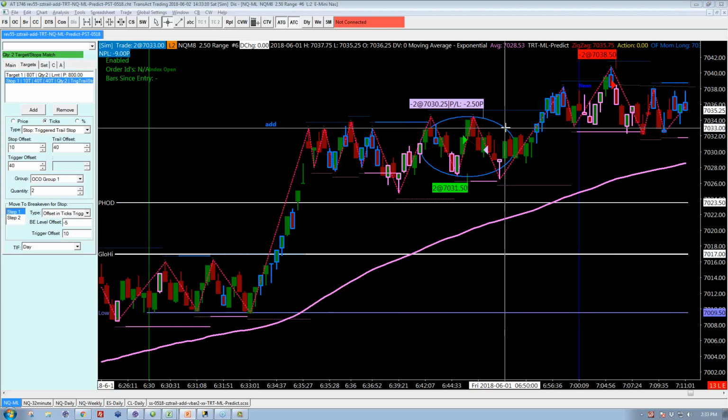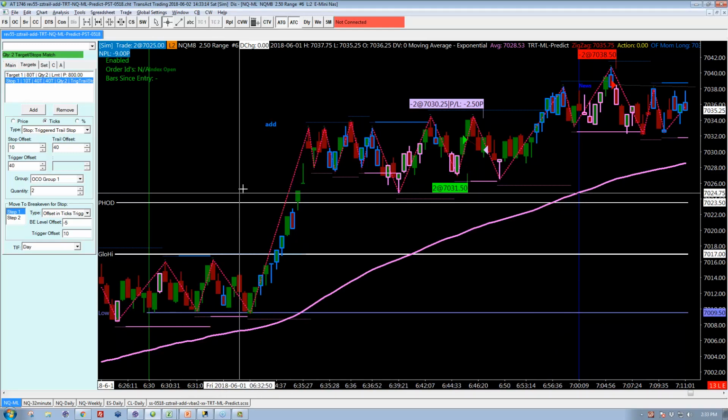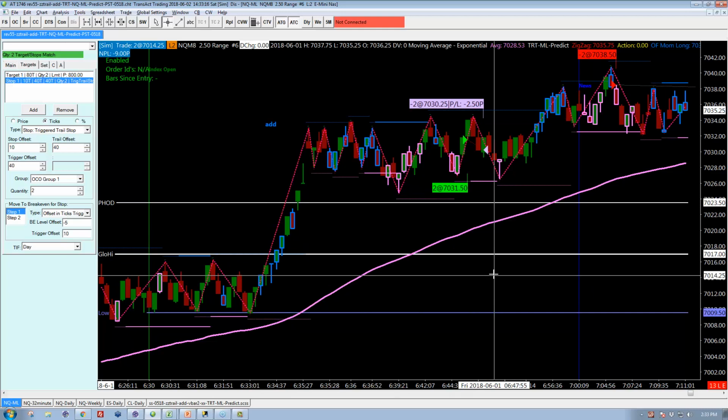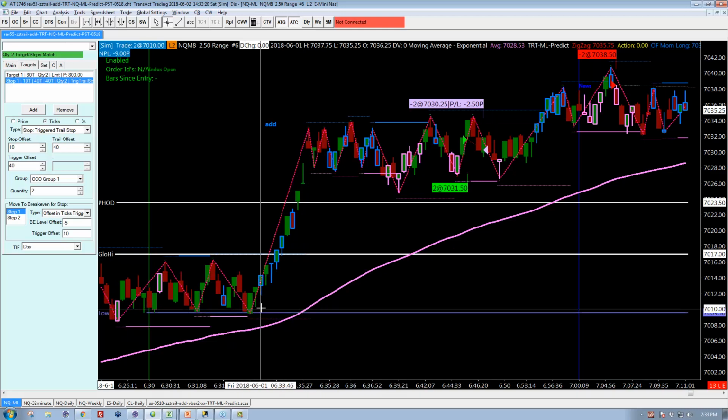The problem we were having is that we don't want to go in at the market, so we have to place a limit order, and then we have to tell the system at what point, if I haven't been filled, should I cancel that order.